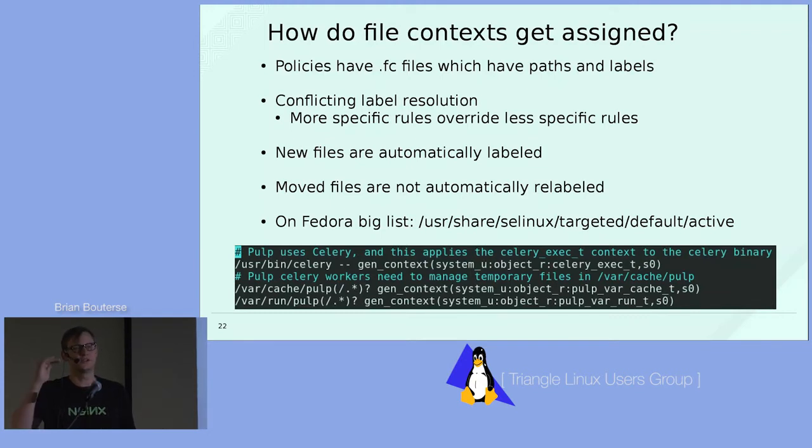So there's a very clear conflict resolution order: more specific rules override less specific rules. If one rule has a full path to an explicit file, and another rule is a partial path with a wildcard star on it, the more specific one is going to be considered the real label.